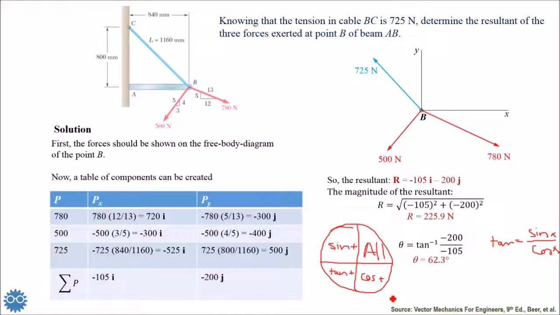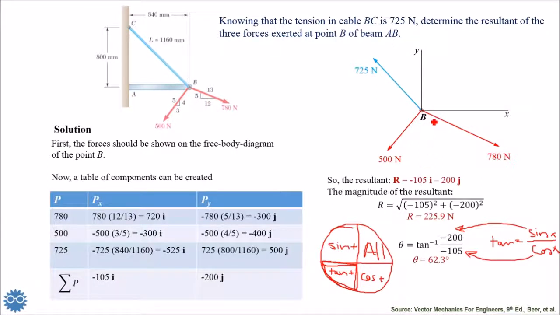Now, let's look here. Here we have sine negative, the cosine is negative, and tan is positive. So in which quarter is the sine negative and the cosine negative? Both. So here in this third quarter, sine is negative, cosine is negative, but tan is positive.